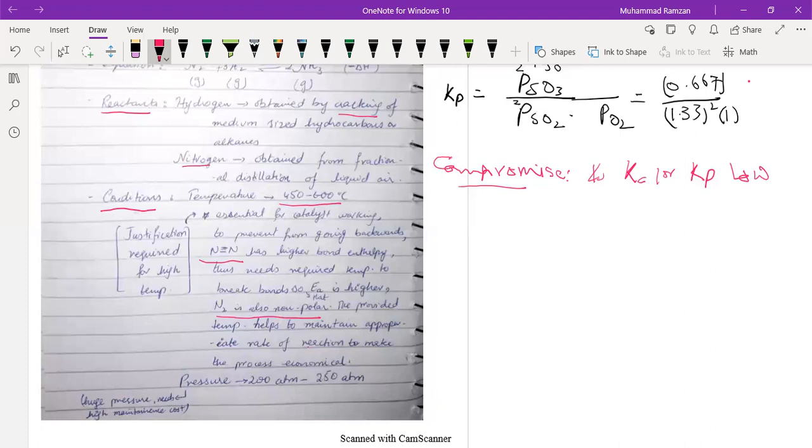And you get a high rate of reaction. It means the factor that you are getting less amount of product at dynamic equilibrium, you try to overcome by increasing the rate of reaction. So this is the point.